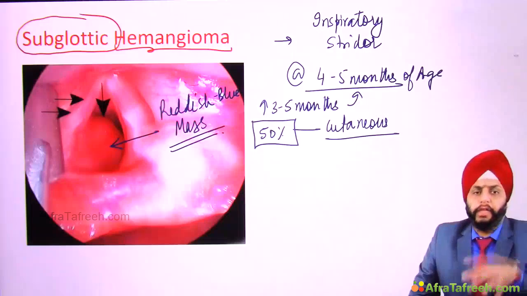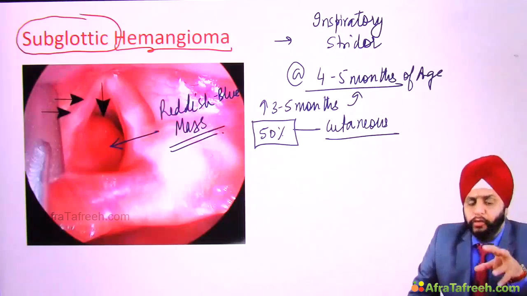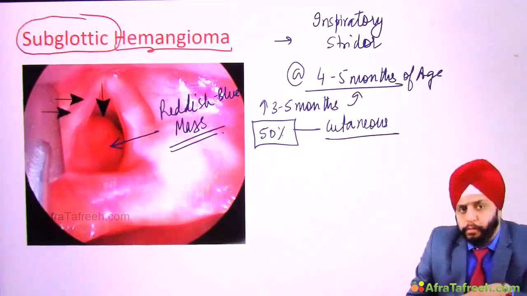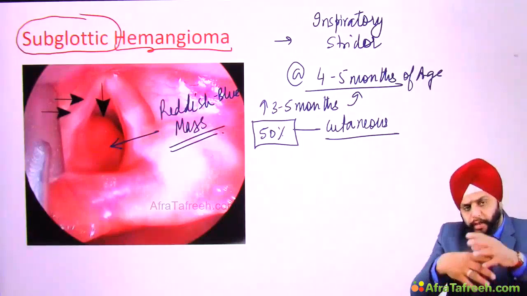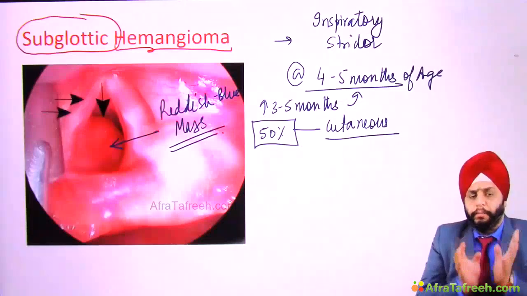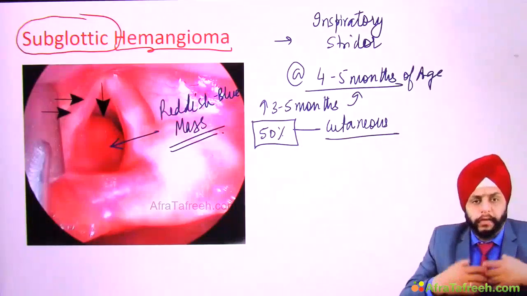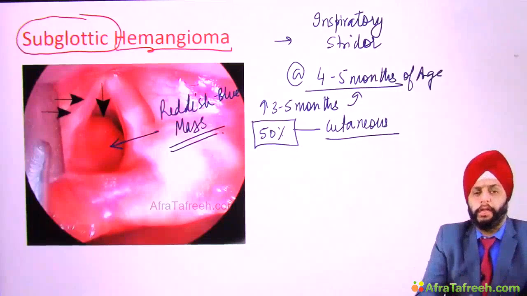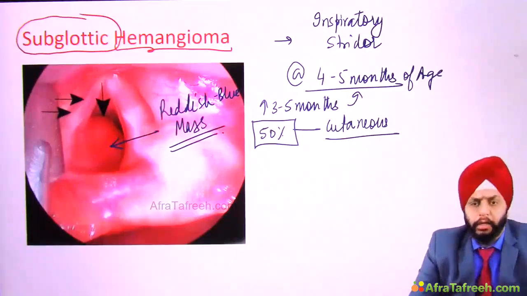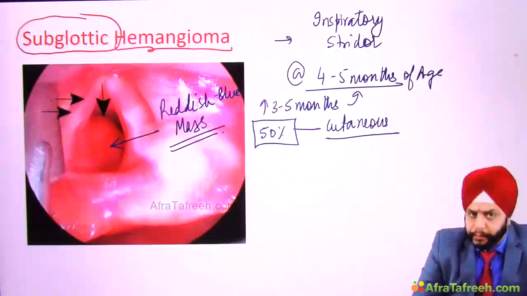You see, this hemangioma does not follow our rule, because the subglottis diameter is fixed, but this hemangioma itself grows during inspiration and therefore blocks mainly during the inspiratory phase.